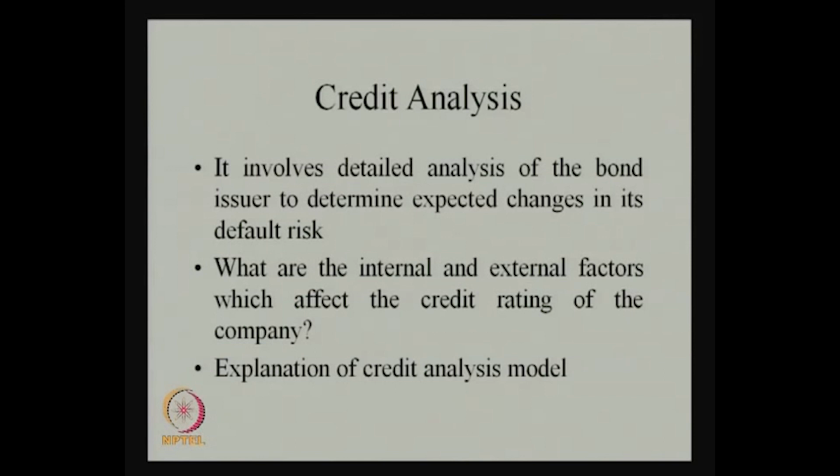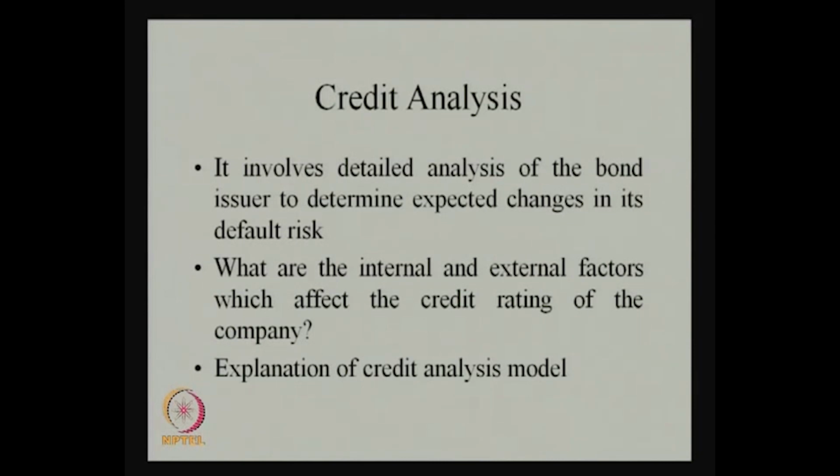of the bond issuer. In this context, the concept was first discussed by Altman. They tried to find out which internal and external factors affect the credit rating of a particular company.